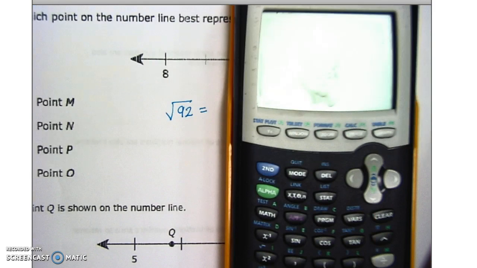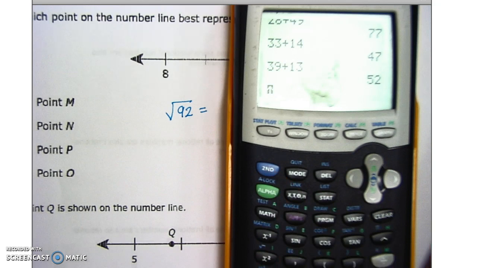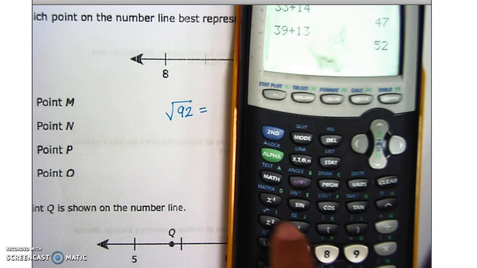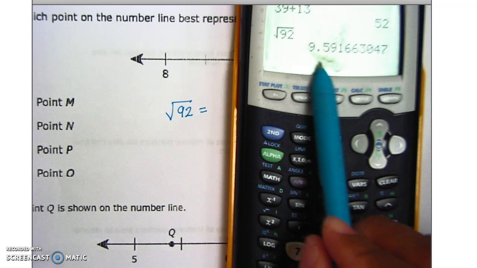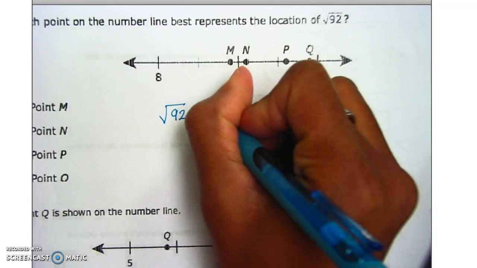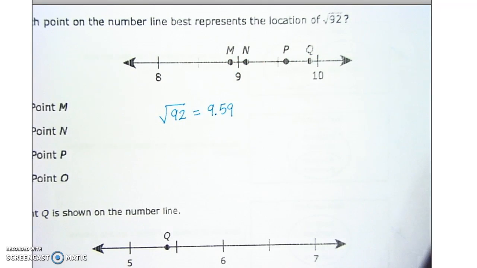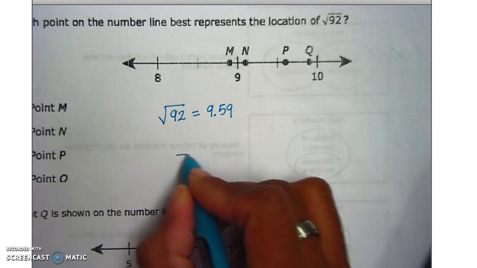So as a refresher, square root, you're going to go blue button second, and then x2, because there's the square root symbol right there. 92, enter. And we get 9.59, so that's what we're going to write. 9.59.